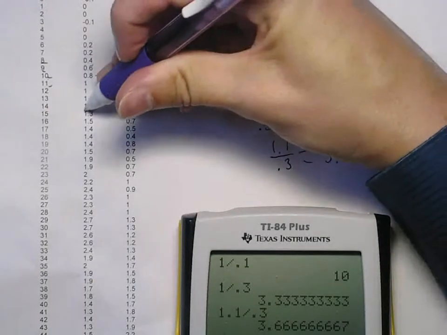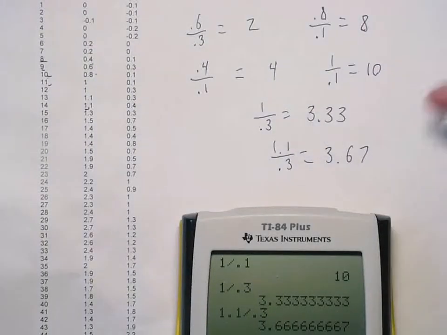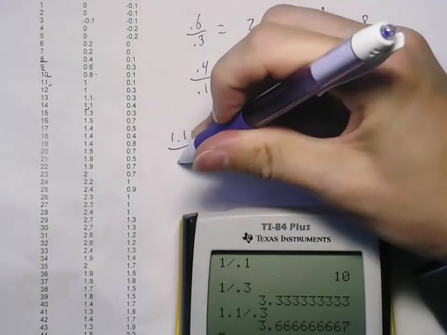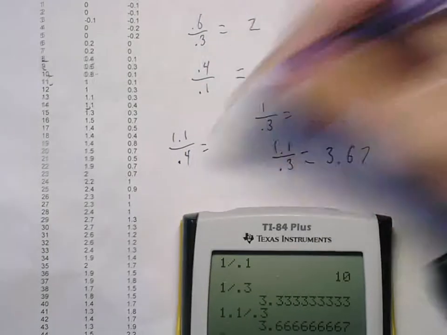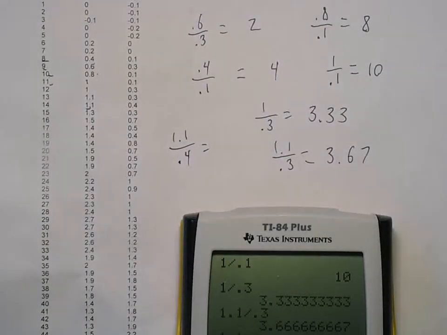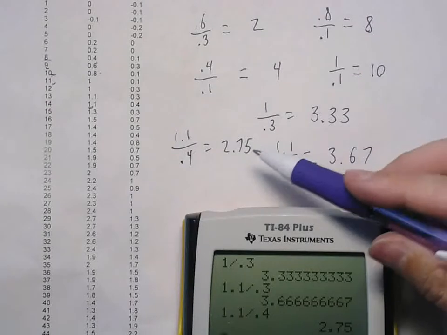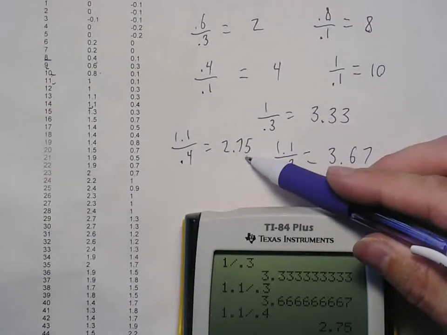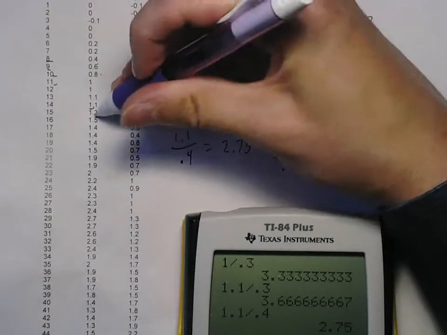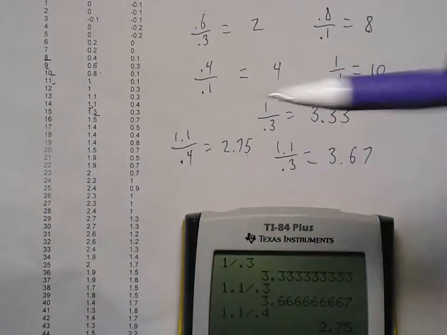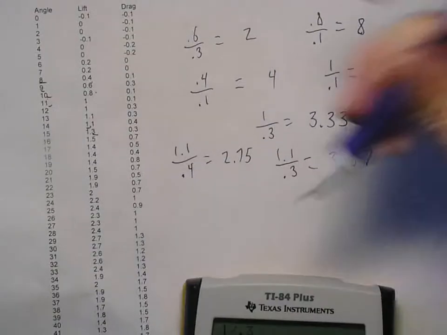Alright, and then for angle 14, I've got 1 and 1/10 divided by 4/10. Okay, and I can see that my lift-drag ratio is actually starting to get a little bit smaller. Let's try another one. Angle 15, we've got 1.3 divided by 3/10.